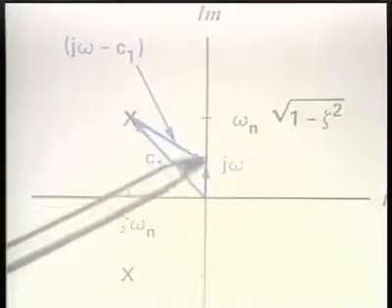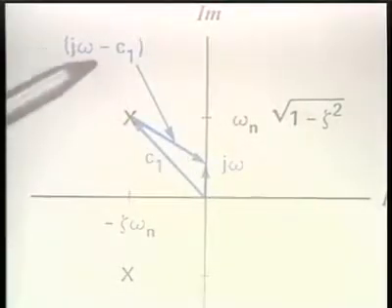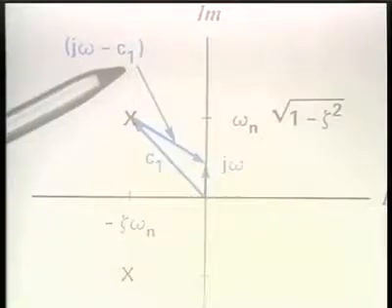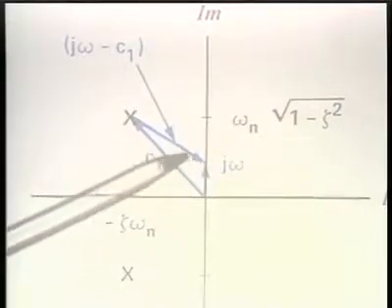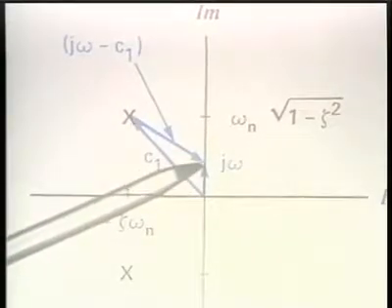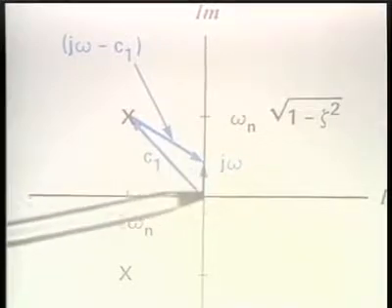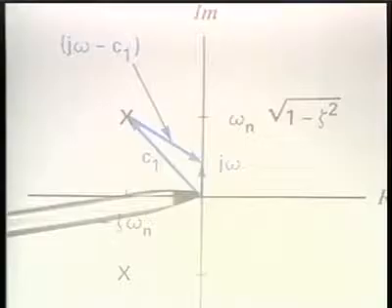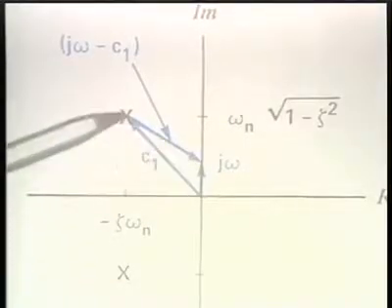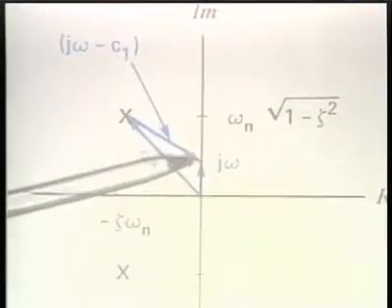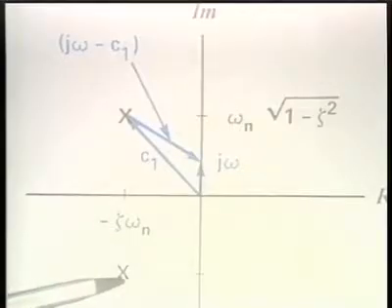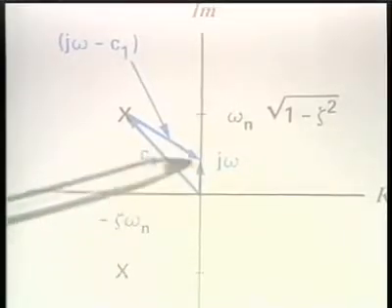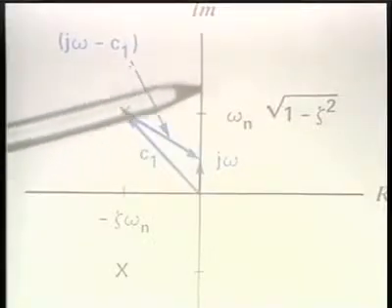This vector, then, is j omega minus c1. It's the length of this vector that we want to observe as we change omega, namely as we move along the j omega axis. We want to take this vector and this vector, take the lengths of those vectors, multiply them together, and divide that into omega sub n squared, and that will give us the frequency response.